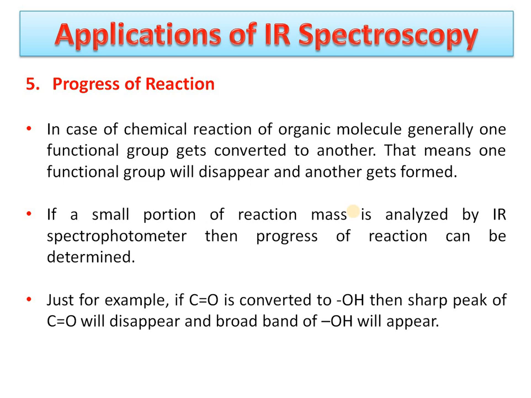Just for example, if C double bond O is converted to OH, that means there is a reduction reaction in which C double bond O is converted into C-OH. Then the sharp peak of C double bond O, which is around 1700 centimeter inverse, will disappear and a broad peak of OH will appear.